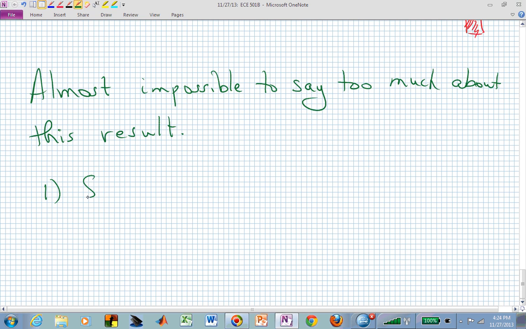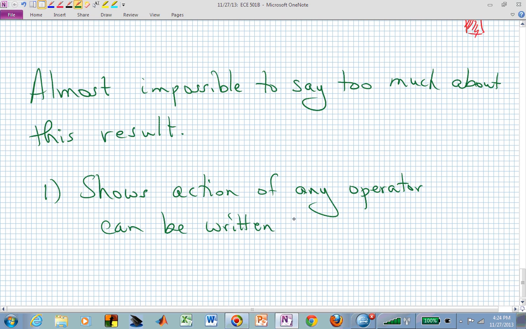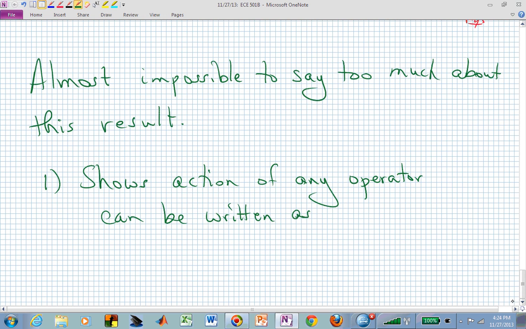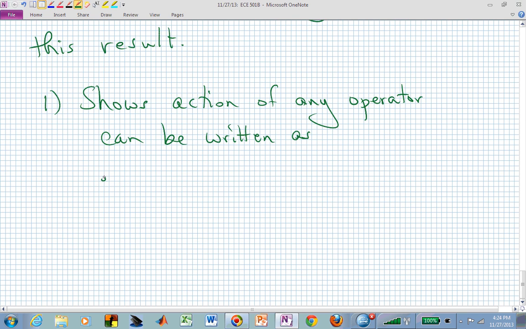One I've just already been talking about is that it shows the action of any operator can be written in this decomposed way. One is we have this decomposition in one basis.